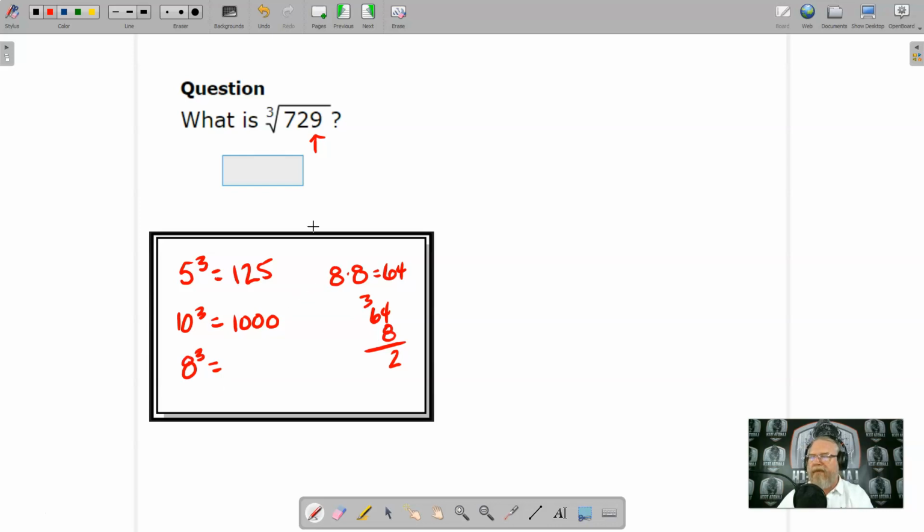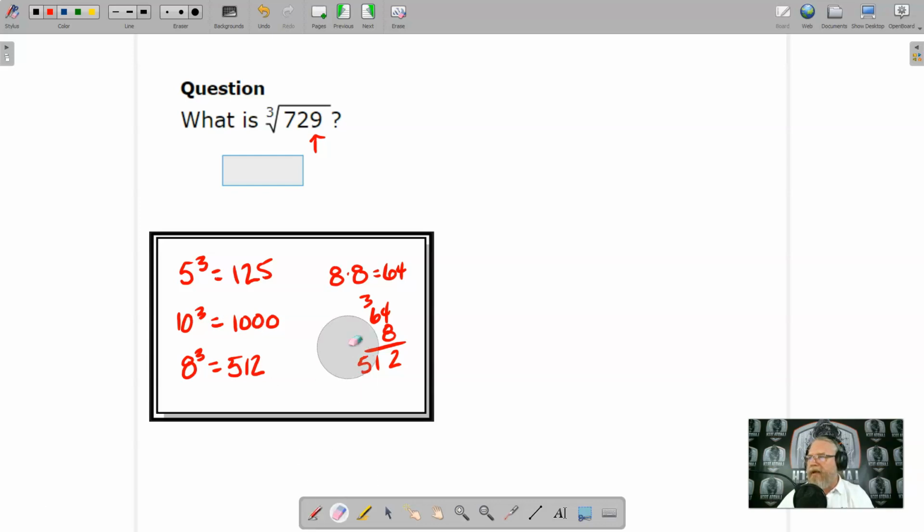That might give us an idea of what number to check next, correct? So let's see, 8 times 6 is 48, plus 3 more is 51. So that's going to be 512. Well, we need 729. So we're going to have to go a little bit bigger. Well, check this out. 8 was too small. 10 cubed is 1,000. That's too much.